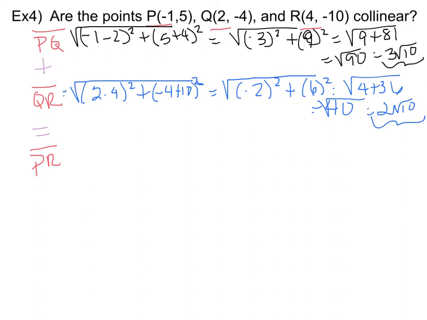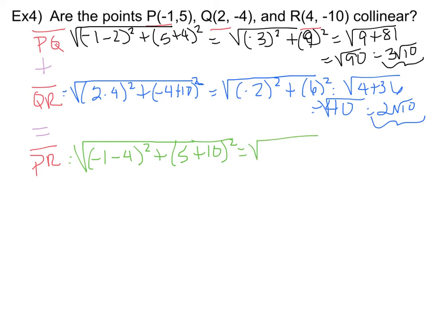And last but certainly not least, let's do PR. We get negative 1 minus 4, squared, plus 5. Again, I'm subtracting a negative, so I'm going to add 10 squared.